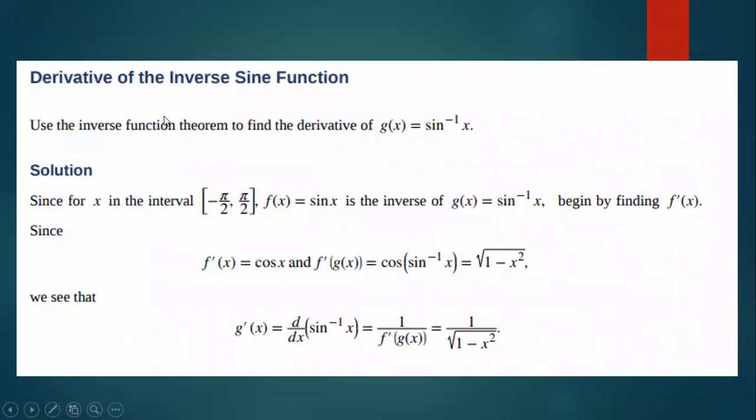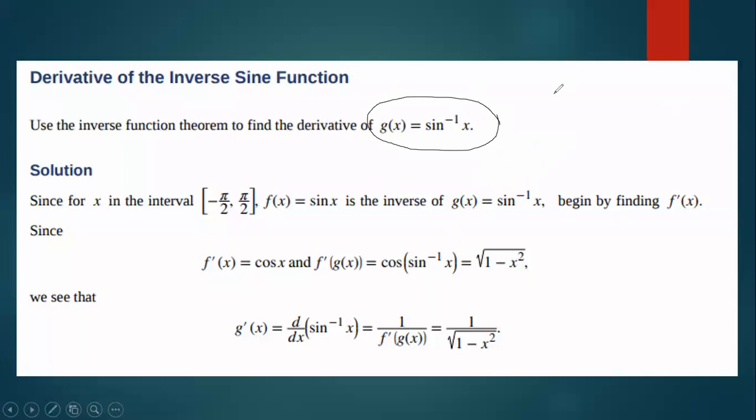Okay, now the derivative of the inverse sine function. Let us say that I have a function g of x which is sine inverse of x. So my g of x is sine inverse of x.